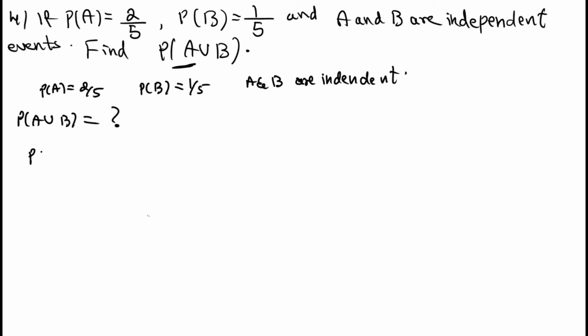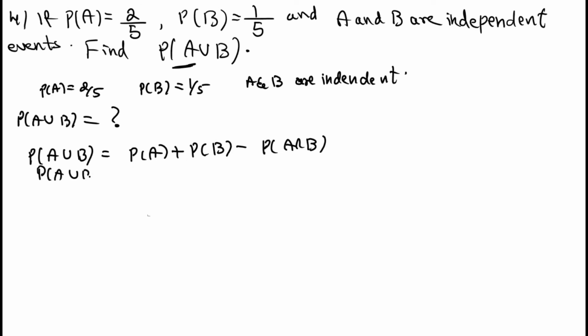Now we have the formula: probability of A union B is equal to probability of A plus probability of B minus probability of A intersection B. We don't have the value of probability of A intersection B, but the given condition is A and B are independent.